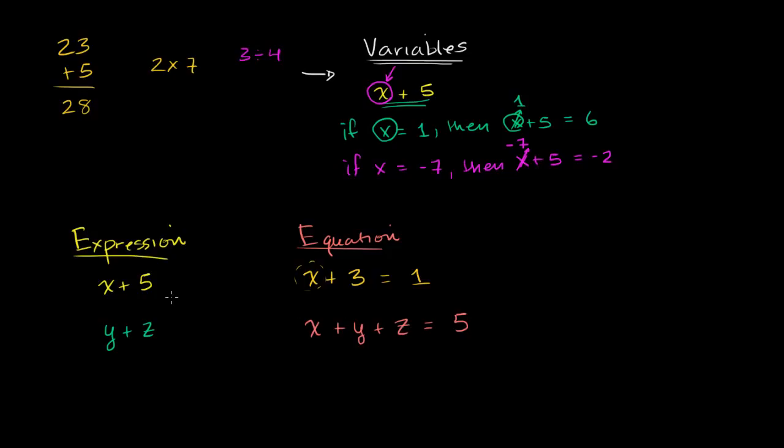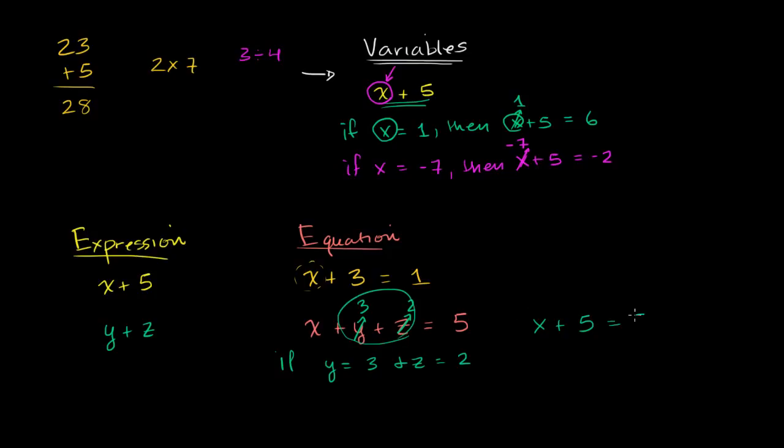So for example, if we said y is equal to 3 and z is equal to 2, then what would be x in that situation? So if y is equal to 3 and z is equal to 2, then the left-hand expression is going to be x plus 3 plus 2, which is x plus 5. This part right over here is just going to be 5.